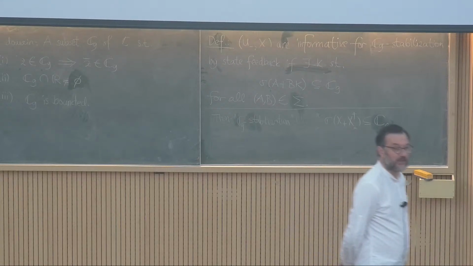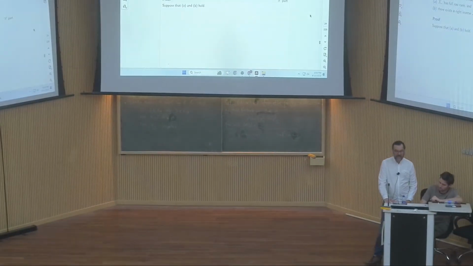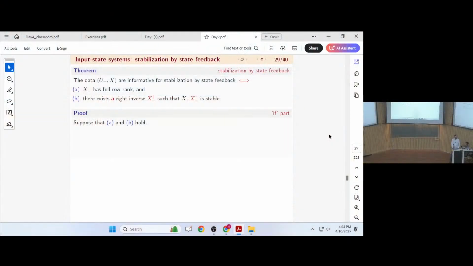Let's see if it works. Well, suppose A and B hold. This is the if part. I take an arbitrary data consistent system. I write the defining relationship. It gives me this, but if I multiply by the right inverse mentioned in B, this is what I get.